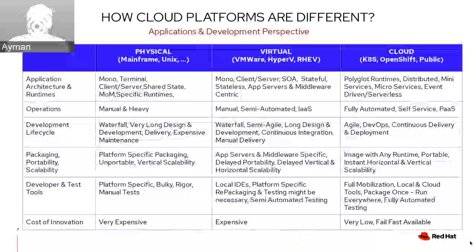Now we're moving to polyglots. That's quite important. Distributed microservices and mini services. It doesn't have to be all microservices. We talk about mini services, event-driven, serverless. Operations was manual and heavy, then semi-automated with virtualization. Now it has to be fully automated, like self-healing systems, automatic provisioning.